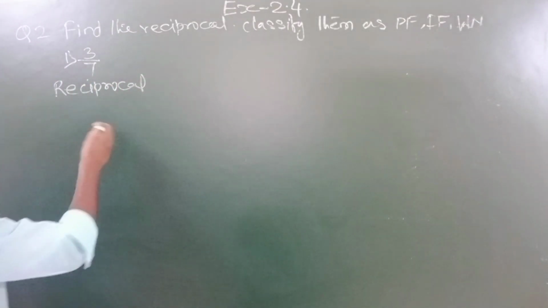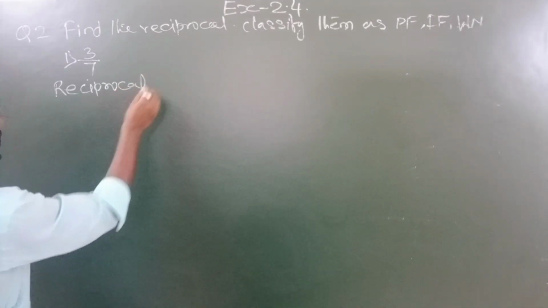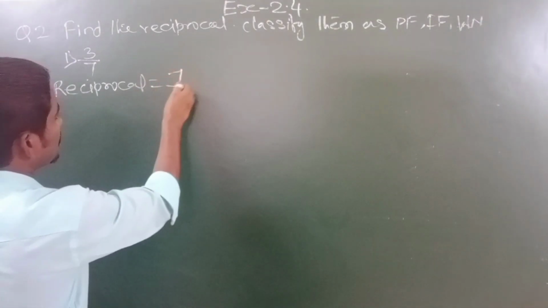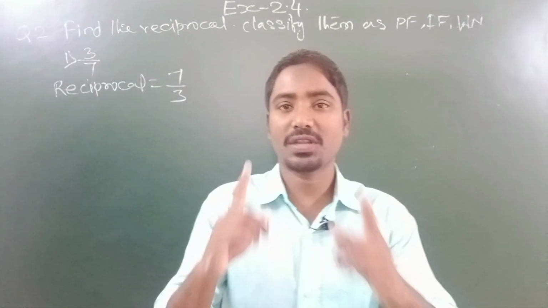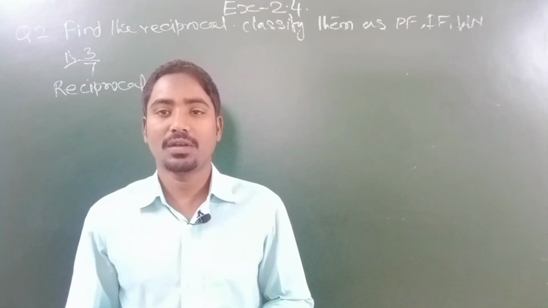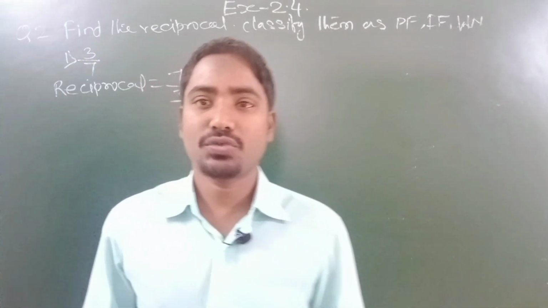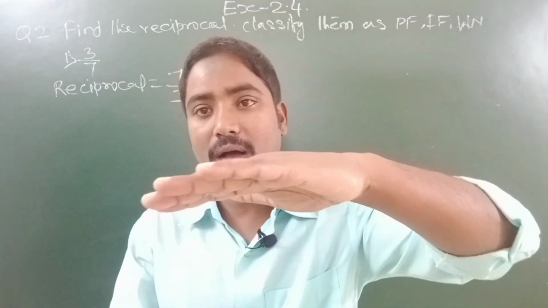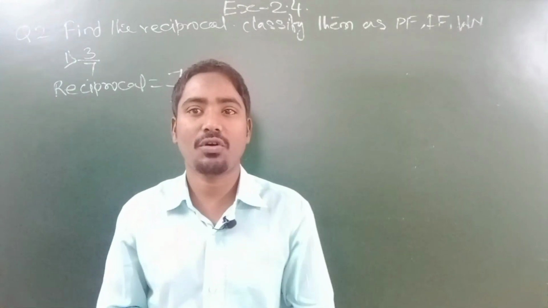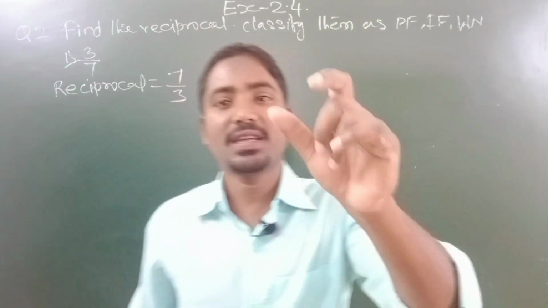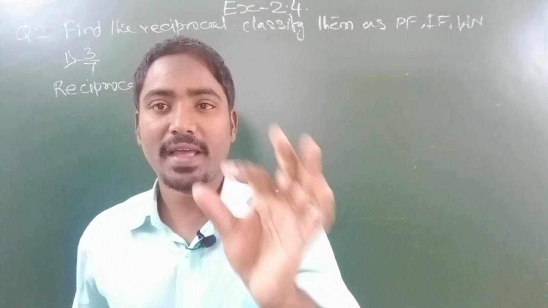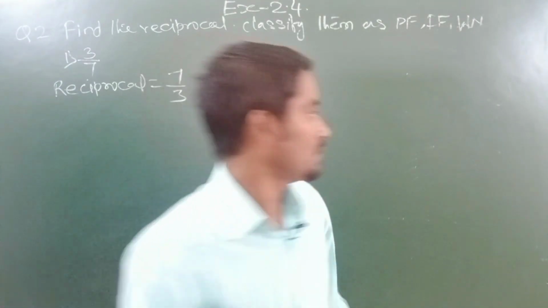So the reciprocal is equal to how much, students? 7 upon 3. Why 7 upon 3? Let me tell you what we mean by reciprocal. Reciprocal का मतलब होता है उल्टा, ठीक है. And if we are finding the reciprocal of any number in mathematics, then we are dividing 1 by it. Suppose I have to find the reciprocal of 7.